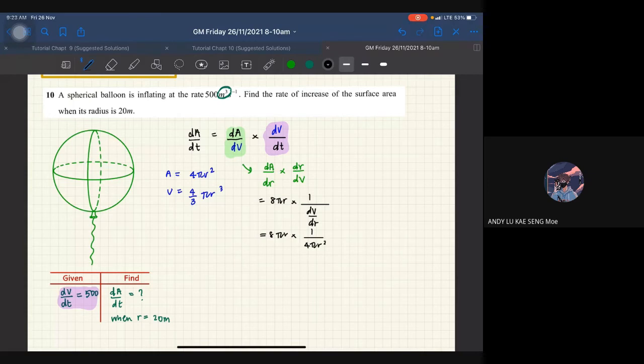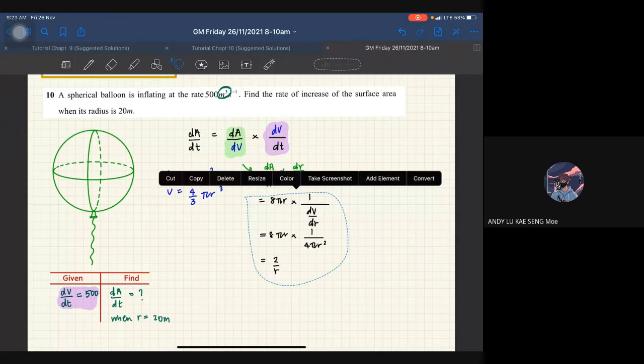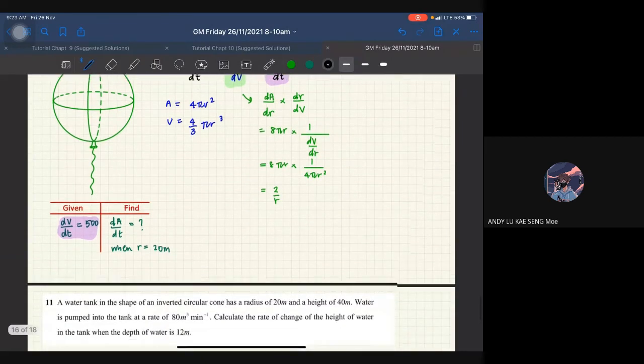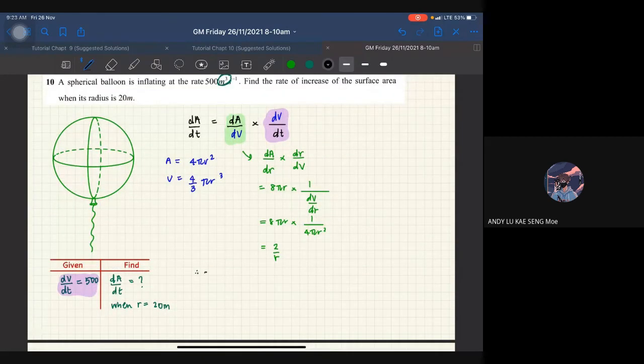Okay, and then when r is equal to 20, dA over dt is equal to 2 over 20 times 500. What is your answer here? 50. 50 meter. Betul ke meter? Betul. Meter square per second.